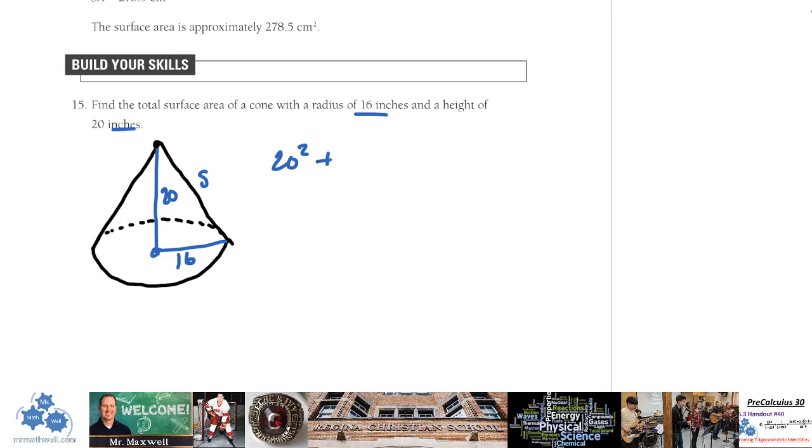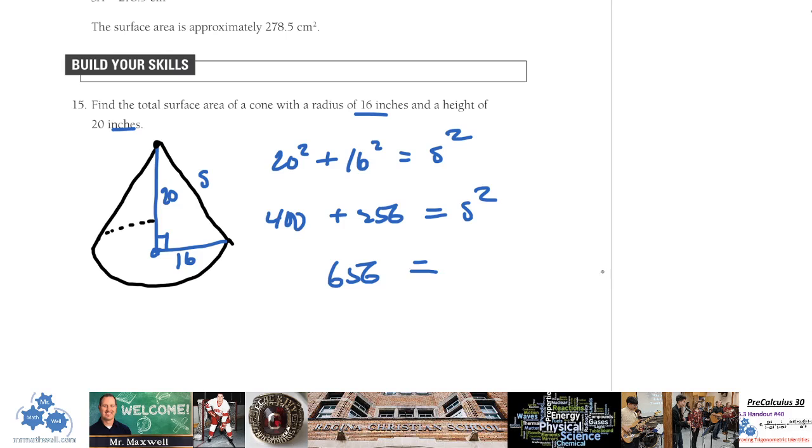So 20 squared plus 16 squared equals s squared. That's a right angle right there. What's 20 squared? 400. What's 16 squared? 256. 400 plus 256 equals s squared. 656. What's s?